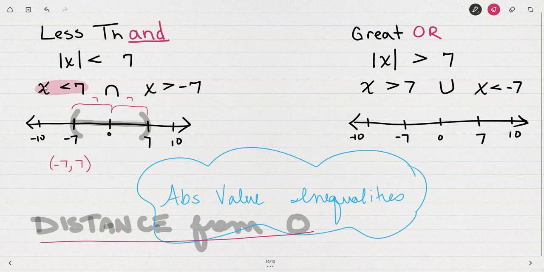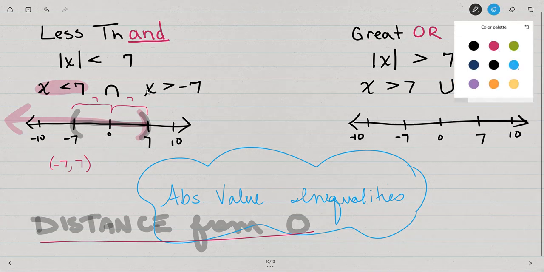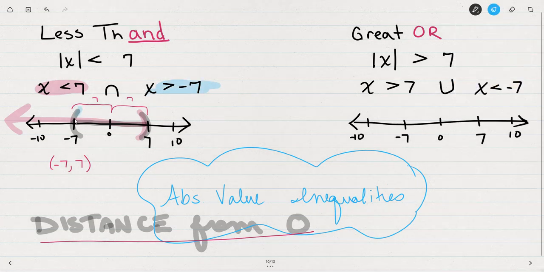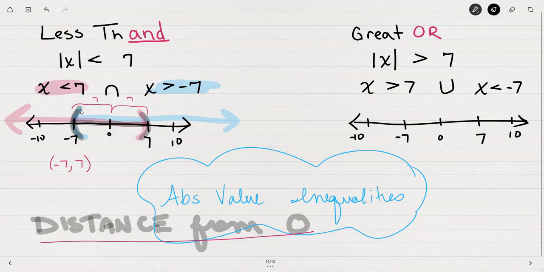All the x's that are less than 7 would be this pink. All the x's that are greater than -7 would be blue. Which x's were both pink and blue? Well, that's from -7 to 7, what we got initially here.